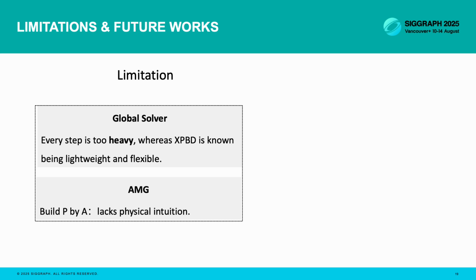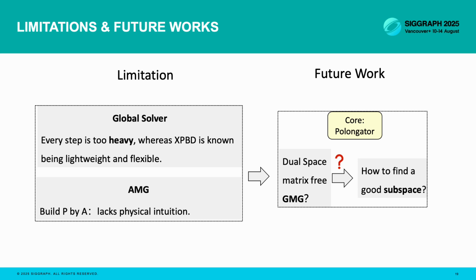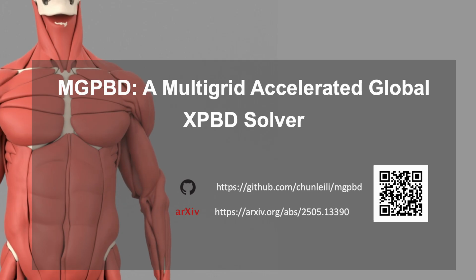In addition, AMG is purely numerical, less physically intuitive than GMG. In the future, we want to design a dual-space matrix-free GMG solver. The core remains the prolongator. Finding a good subspace is the key.